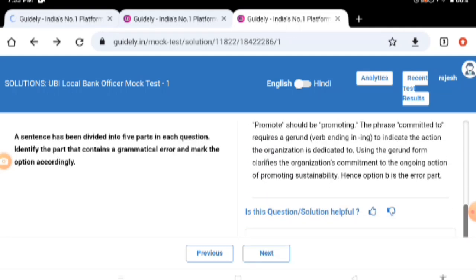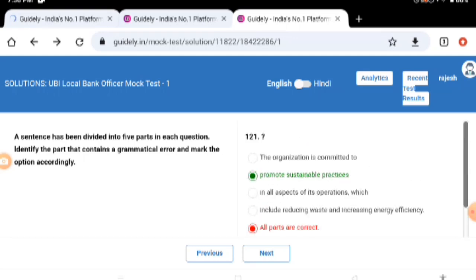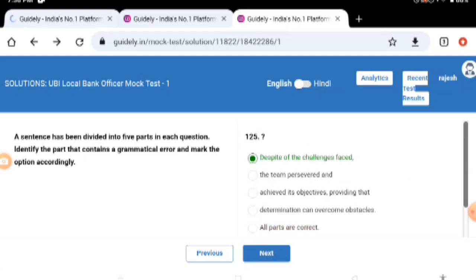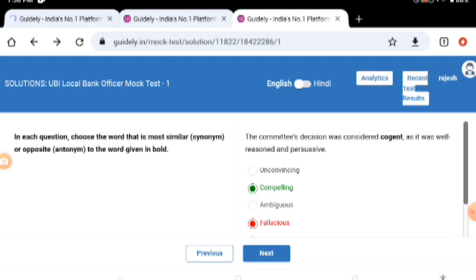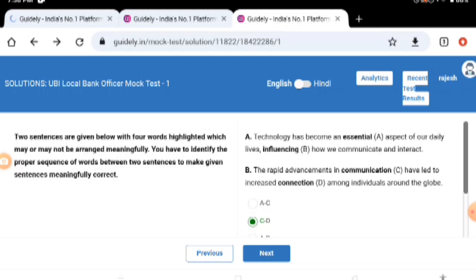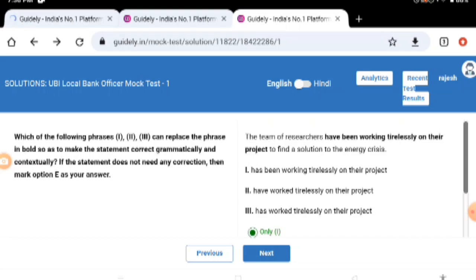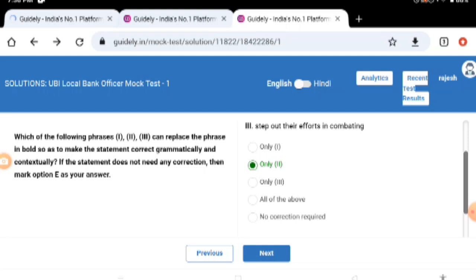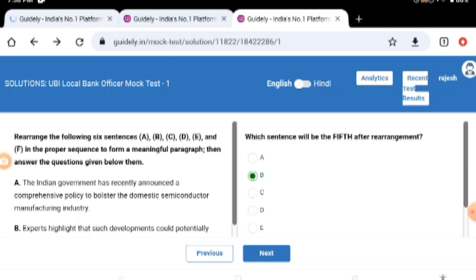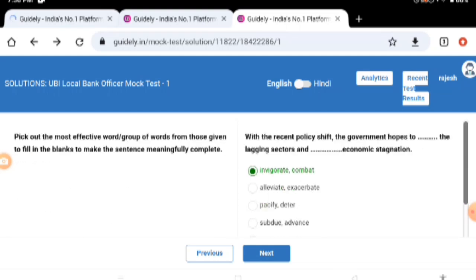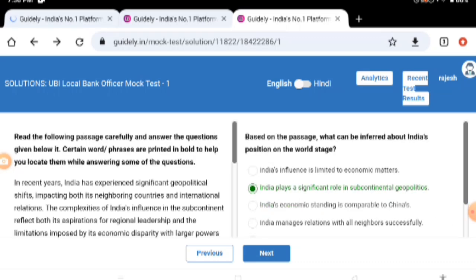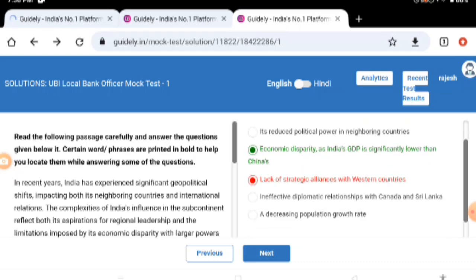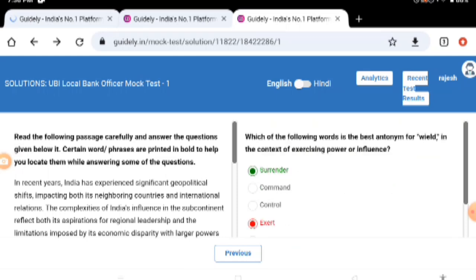So promote sustainable practices. So promoting, okay. 3. Stable, accessible. And so economic, GDP 4, 5.